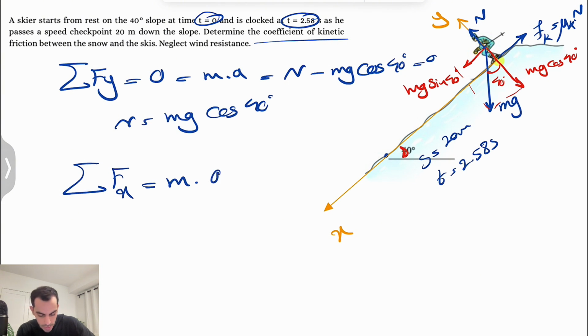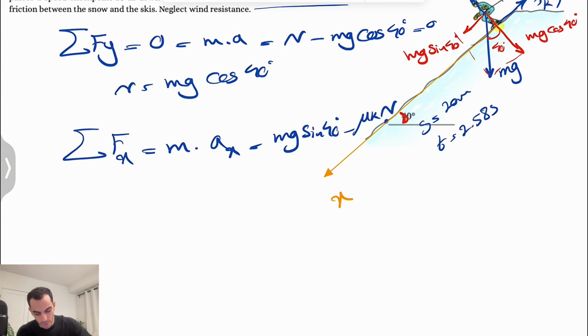And let's move on to our sum of forces in x equals mass times the acceleration in the x direction. Another assumption that we need in this question is that the acceleration is going to be constant in the x direction. The sum of all forces in x direction is the x component of the weight, mg sine of 40 degrees, minus mu k times n.